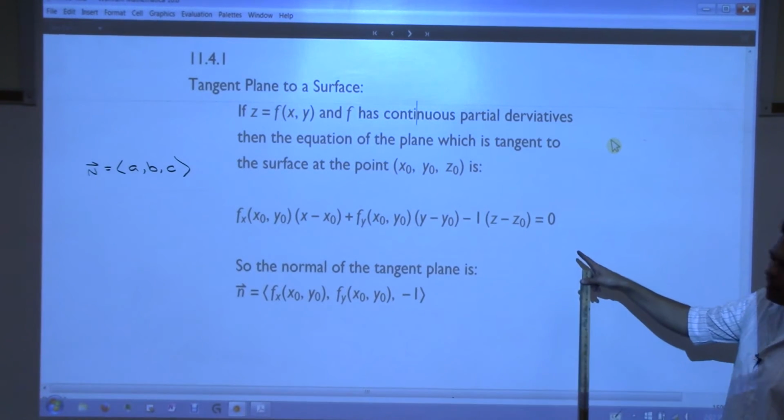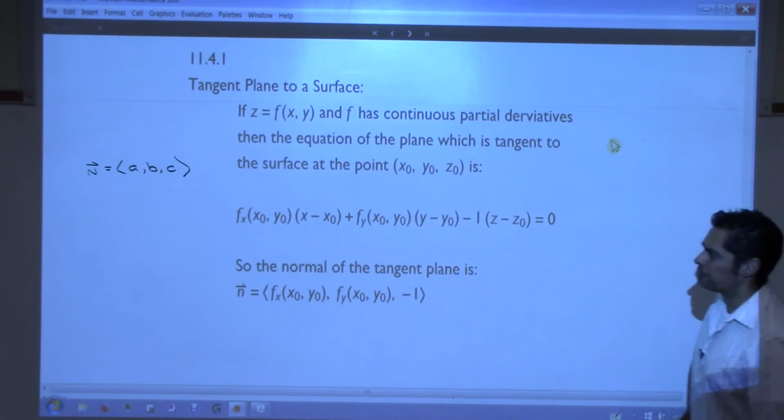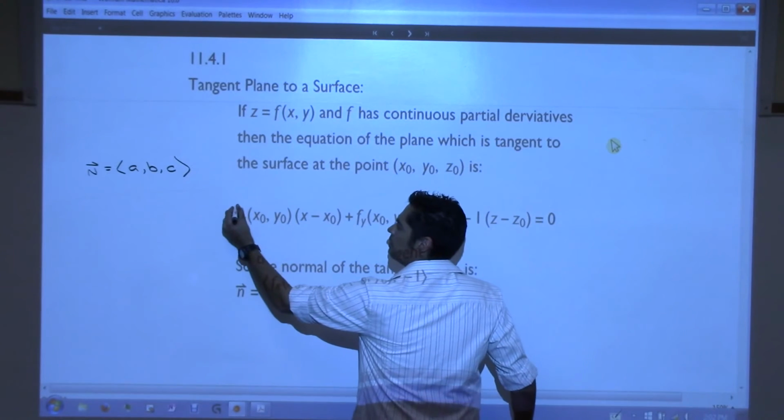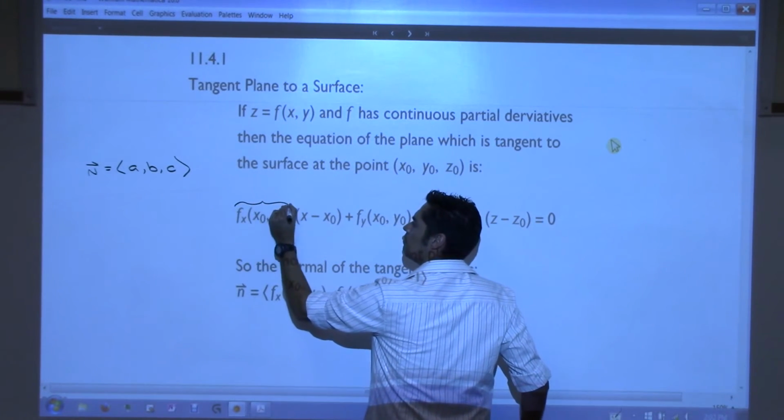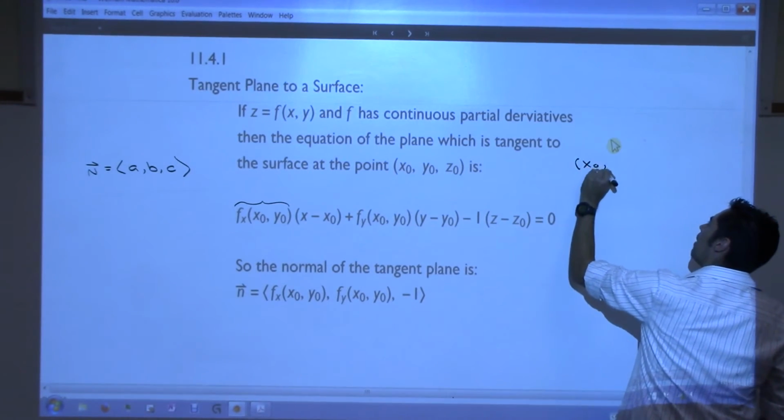Does that look complicated? What does that look like to you?